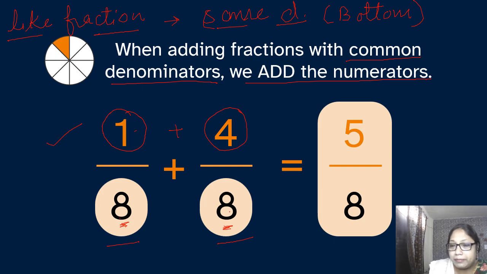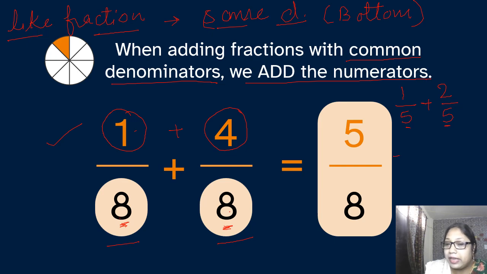One more example: I have the fractions 1 upon 5 and 2 upon 5. दो fraction है. Both are like fractions. Why? Because they have the common denominator, same denominator.